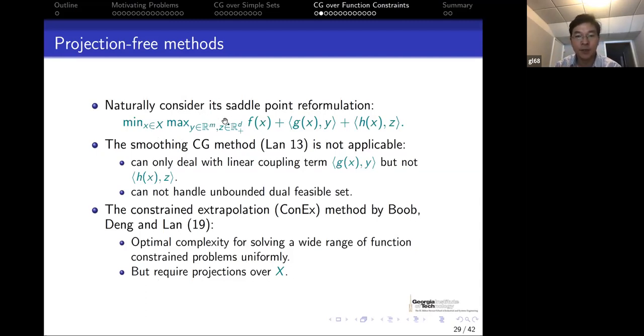But indeed, this has been done. But this smoothing conditional gradient method is not applicable in our setting because it cannot deal with the nonlinear coupling term, h(x) times z. It can only deal with the linear coupling term g(x) times y. And also it cannot handle the unbounded dual feasible set.